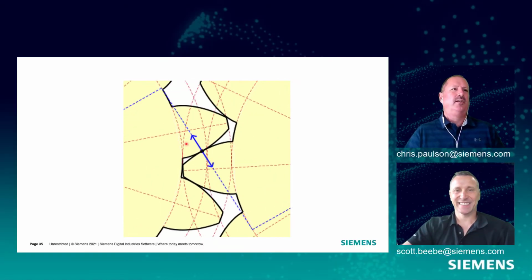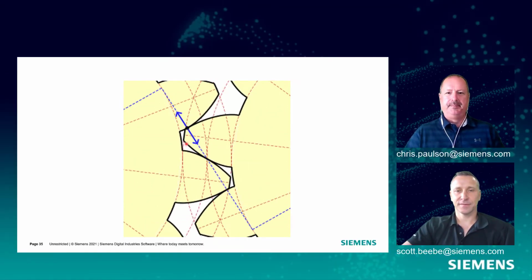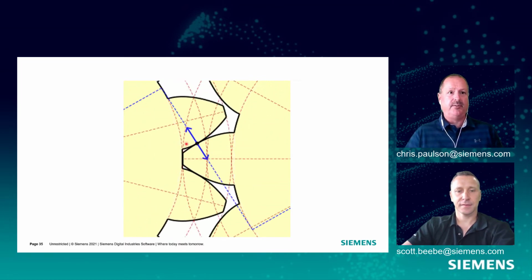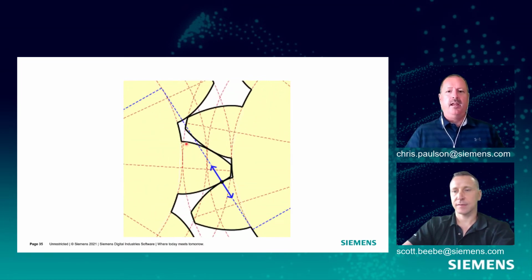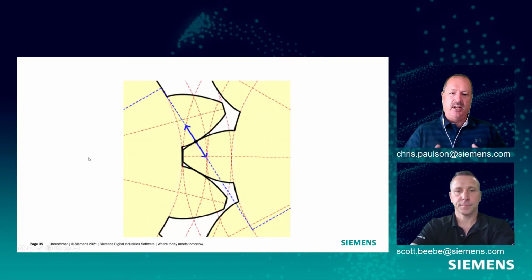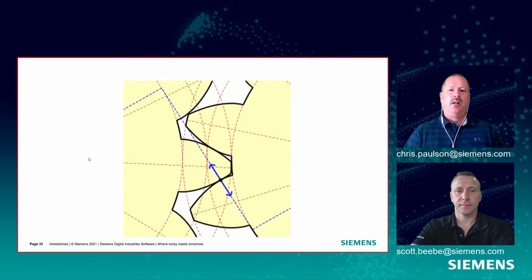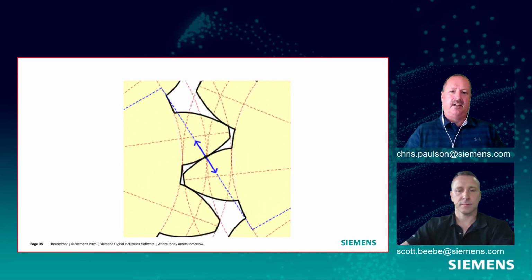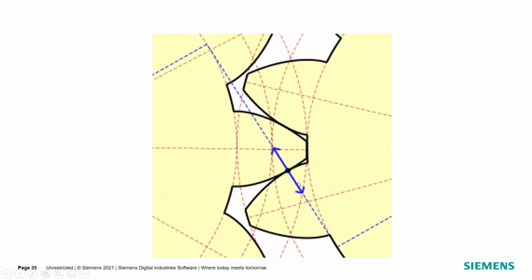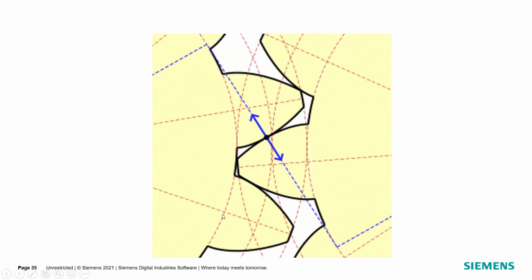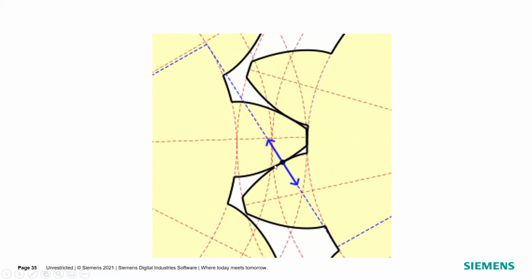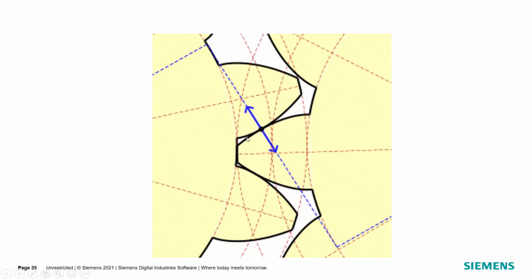So one of the interesting things about gear load transfer is when the gear teeth mesh, they will contact on the tip of the tooth, and as it goes through the meshing cycle and unmesh, we see how the contact point shifts along the surface of the tooth.